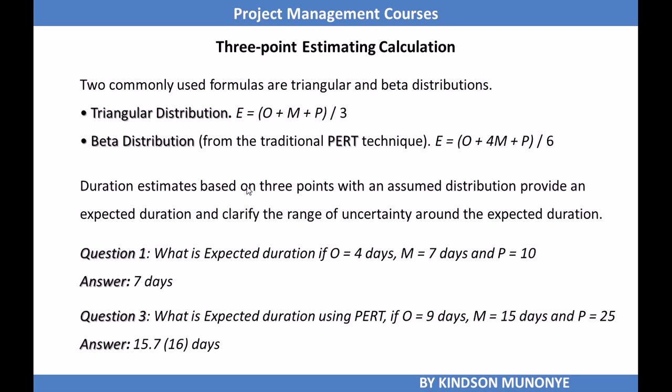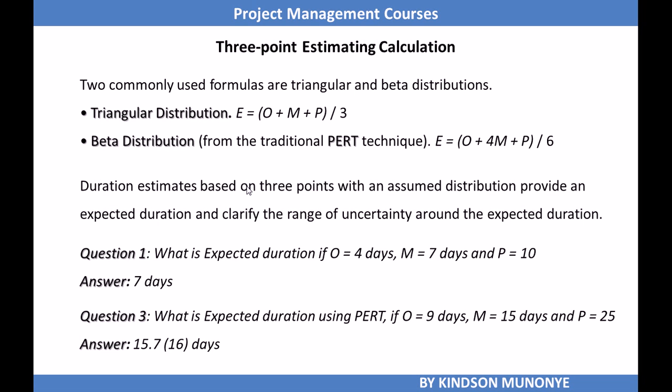The next formula is called the beta distribution. The beta distribution goes this way. The estimate is the optimistic estimate plus 4 times the most likely estimate plus the pessimistic estimate, divided by 6.